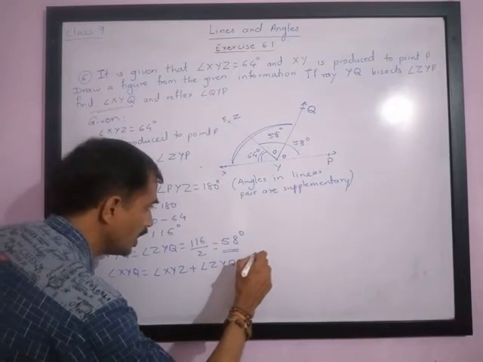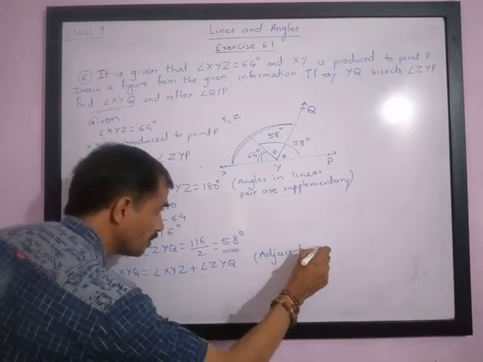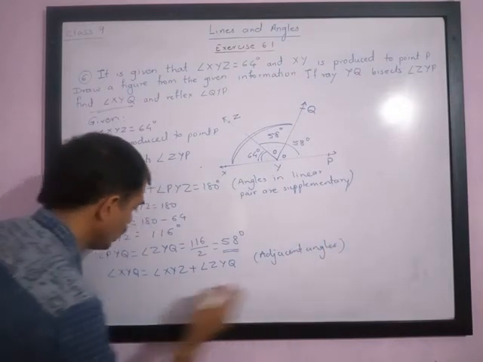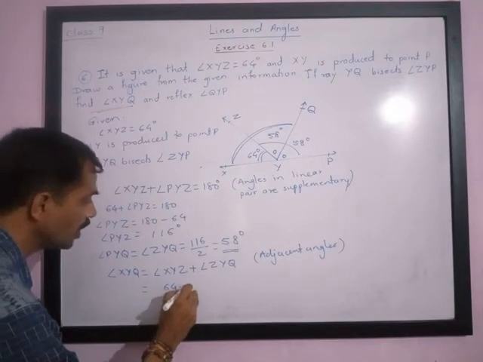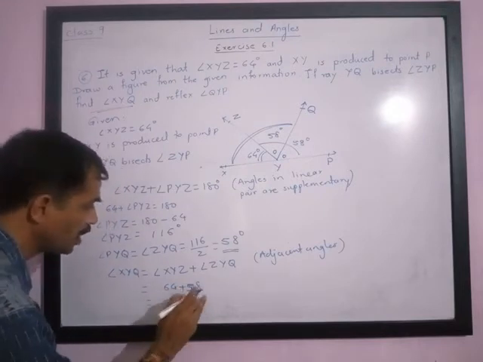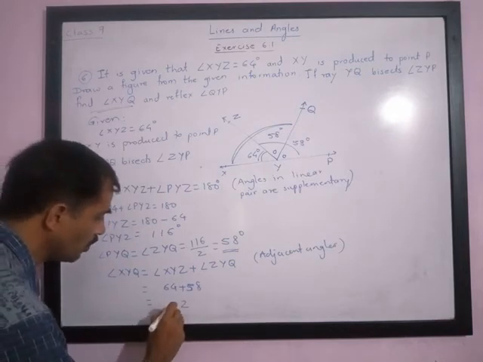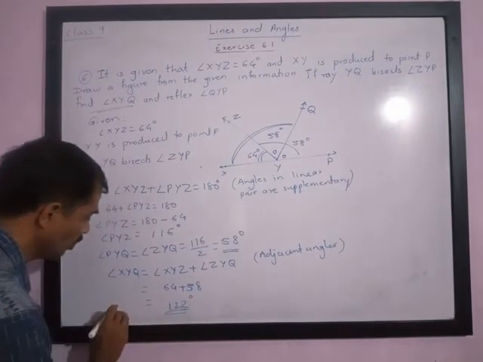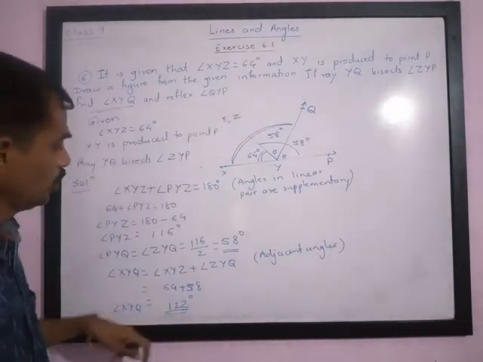Reason is adjacent angles can be added. So this is equal to 64 plus 58. You will get 8 plus 4, 12, 1 carries. 6 plus 5 is 11, plus 1 is 12. 122 degrees. So we have got angle XYQ is equal to 122 degrees.